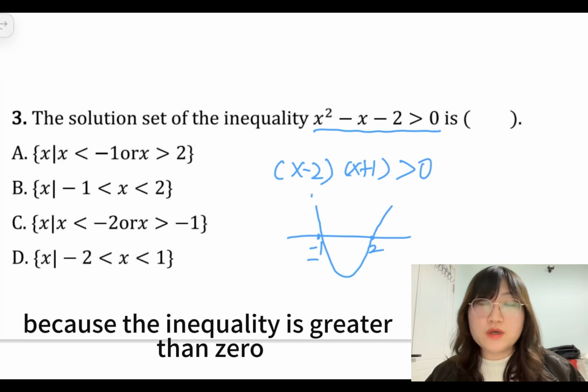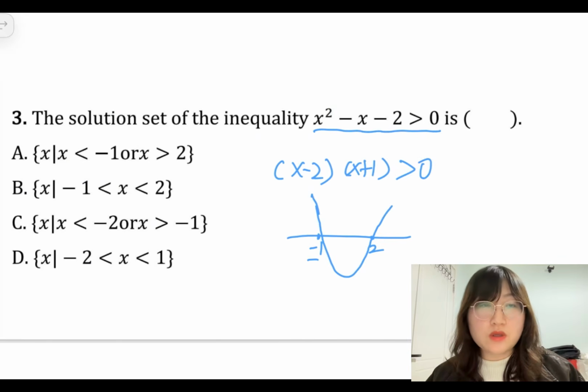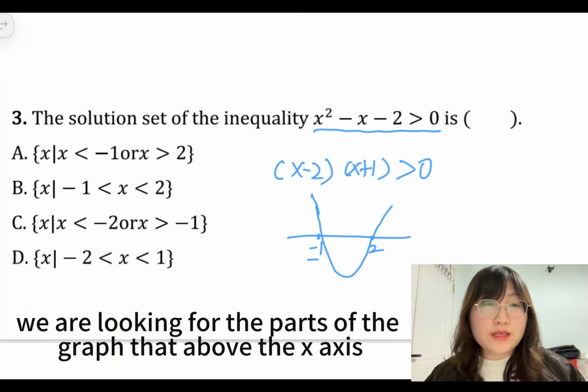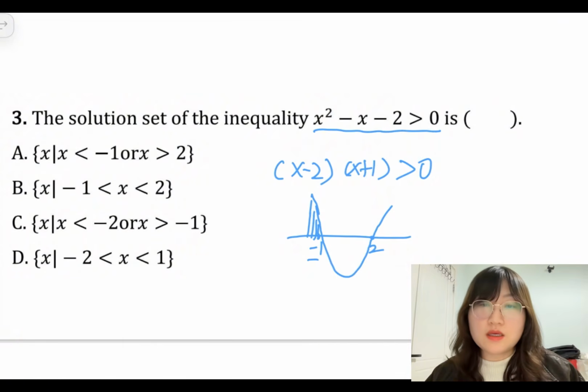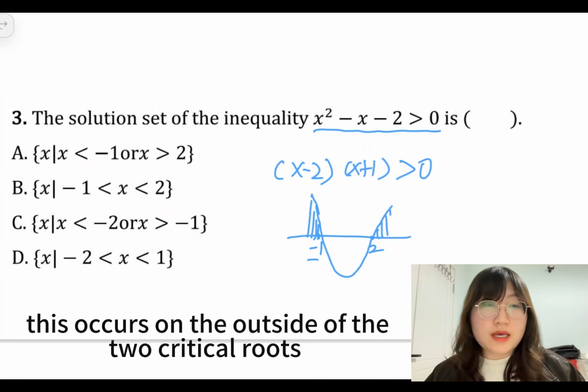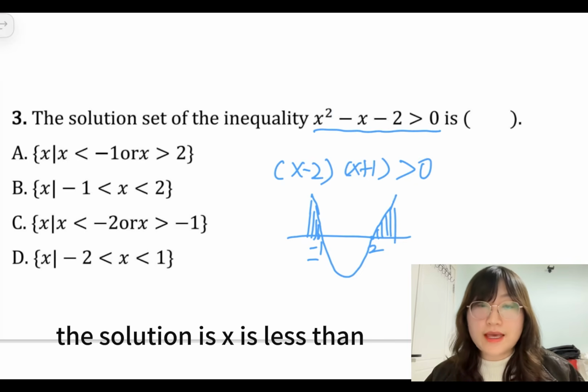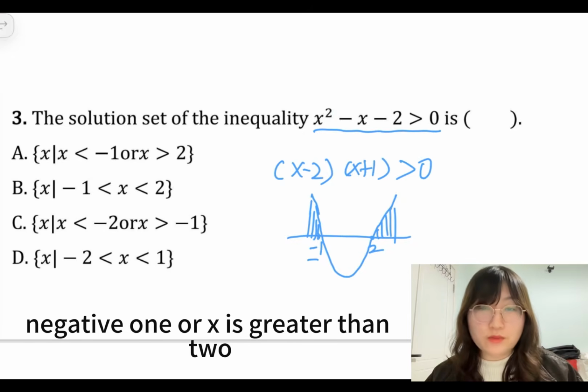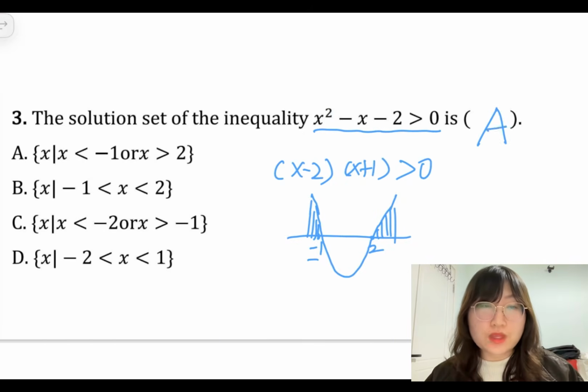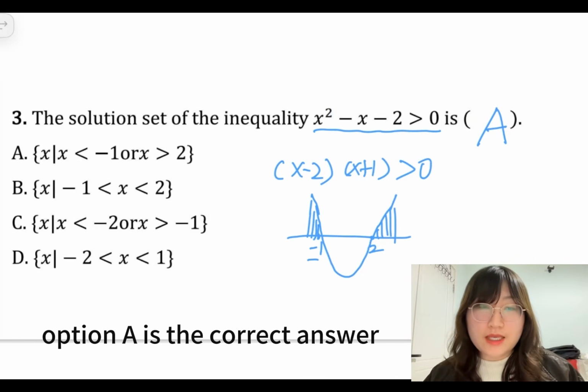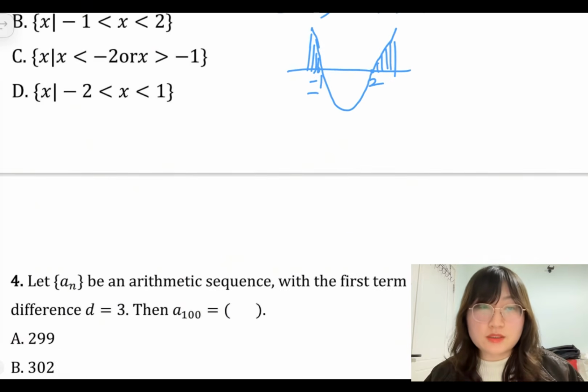Because the inequality is greater than 0, we are looking for the parts of the graph that are above the x-axis. This occurs on the outside of the two critical roots, so the solution is x is less than -1 or x is greater than 2. Option A is the correct answer.